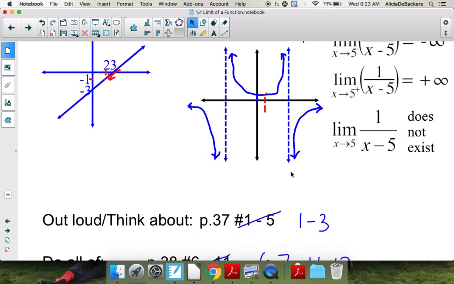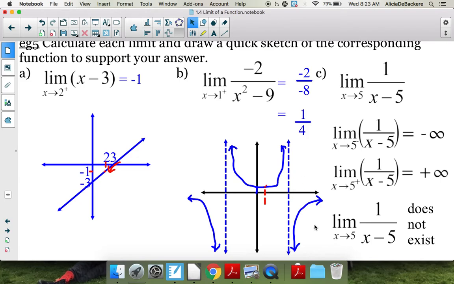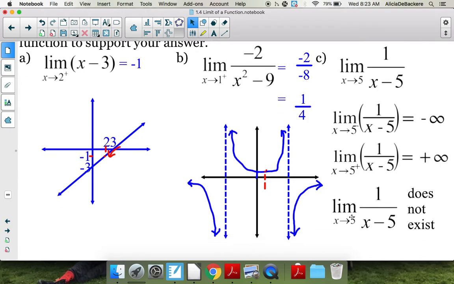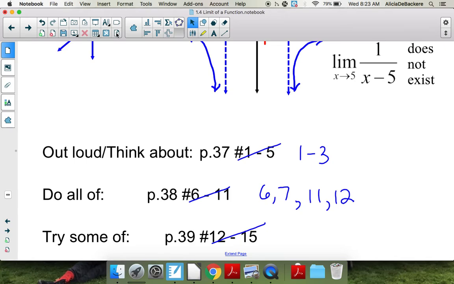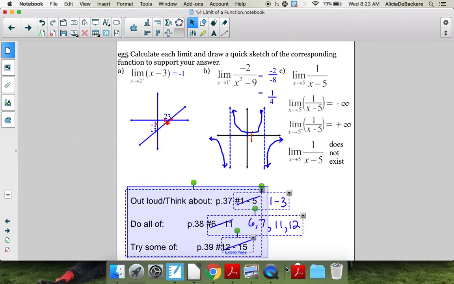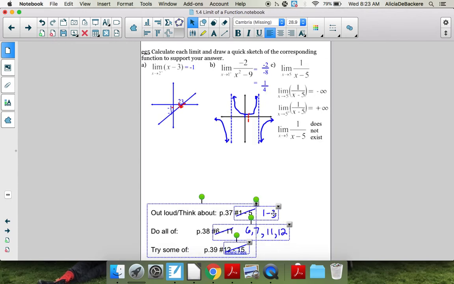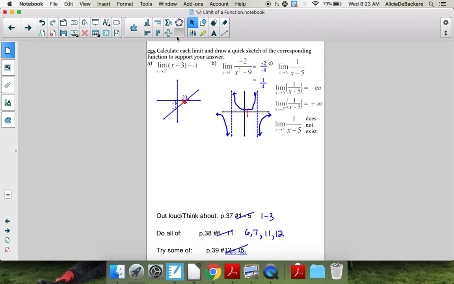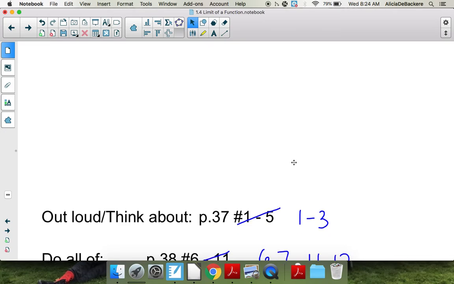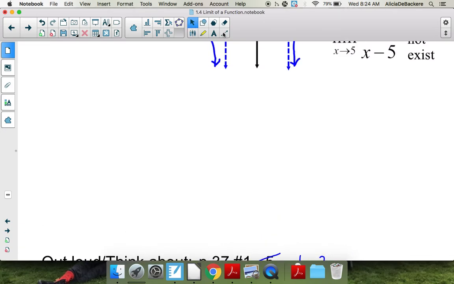And of course, I can draw a sketch of this graph. Just running out of space here, let me move this stuff. This is just a reciprocal graph, so going back to grade 11, I've got my reciprocal graph with a vertical asymptote at positive 5.